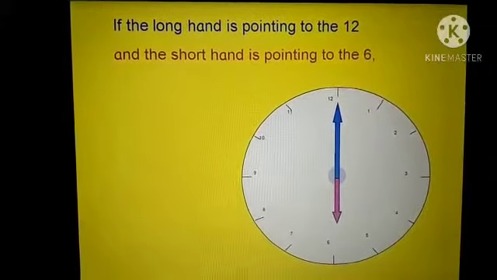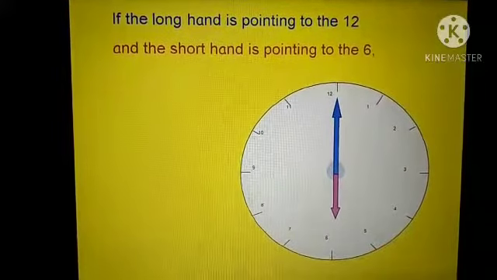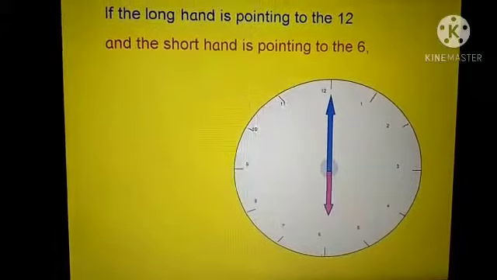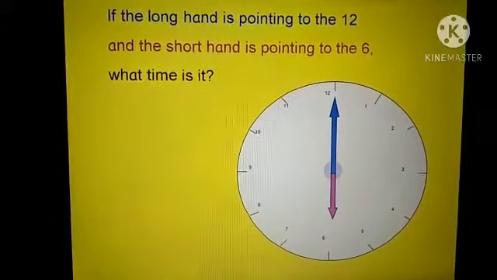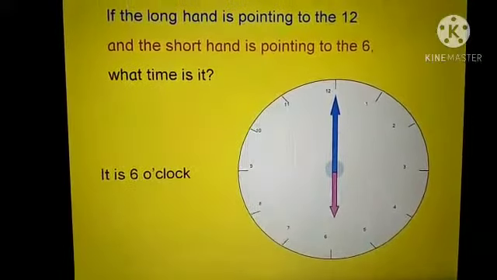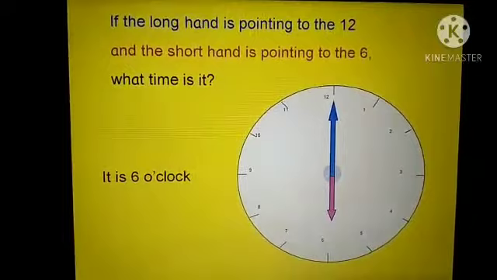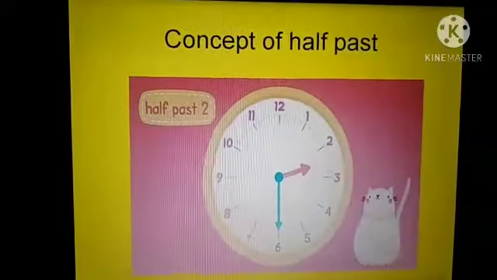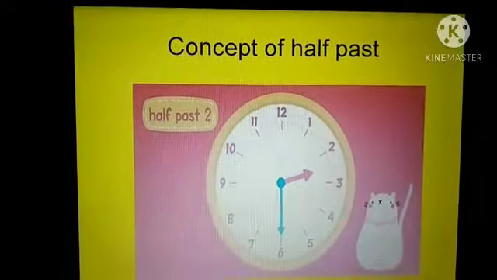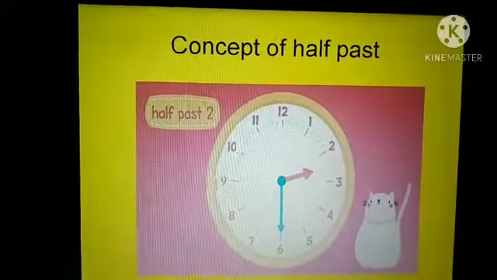This you have to try yourself. Yes, exactly. It is 6 o'clock. So what is the time? It is 6 o'clock. See? So easy. Right? Okay. So this was a quick recap of o'clock time.